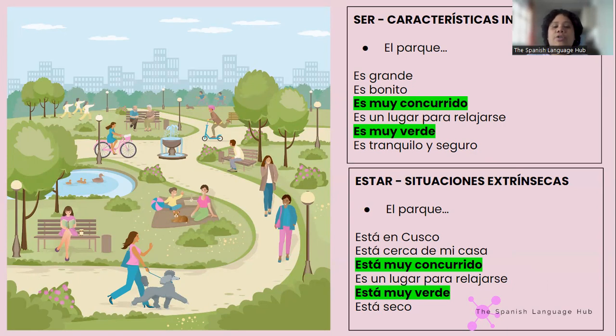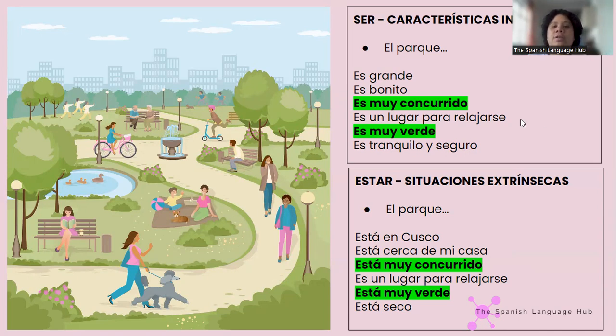So in here, I'm talking about the location of the park, which is Cusco, and how the park is at the moment that I'm talking, or the moment that I took the picture. Está muy concurrido, está muy verde, está seco. Right? Bueno, está cerca de mi casa, that's also location, ¿no? Está en Cusco, está cerca de mi casa, close to my house.